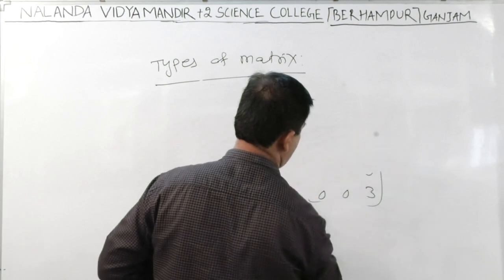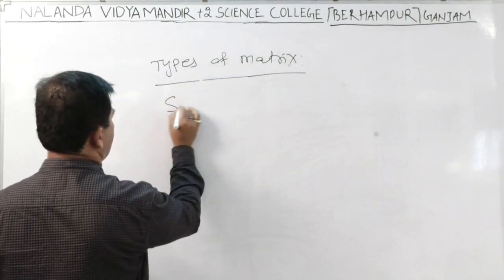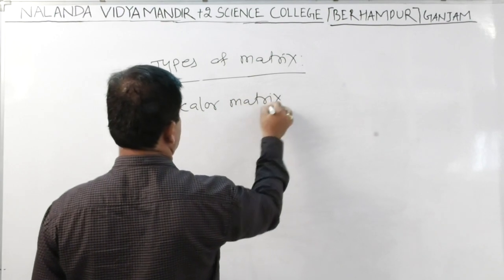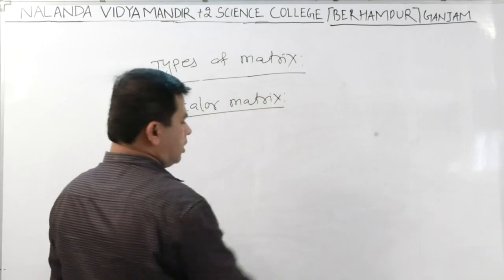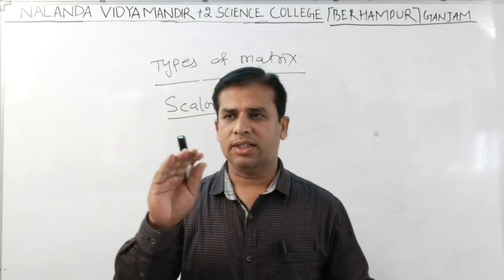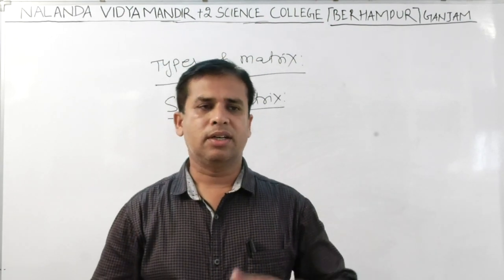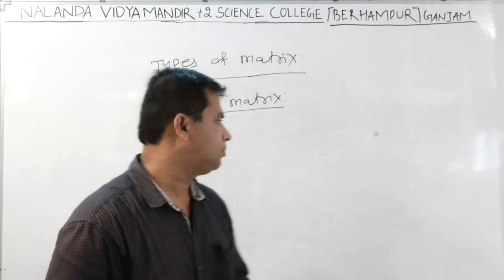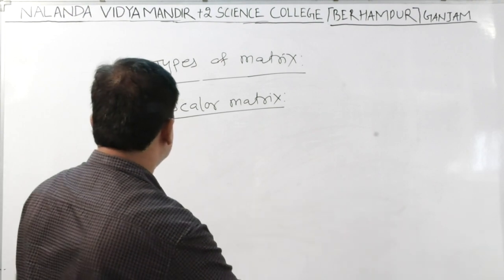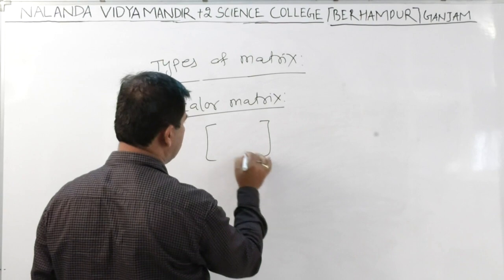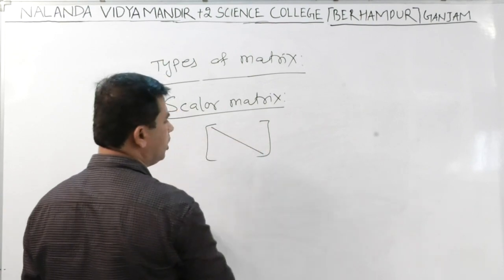Now, scalar matrix. A square matrix is said to be a scalar matrix if its diagonal elements are the same or constant, but off-diagonal elements are 0. In a square matrix, except the diagonal elements, all elements are 0.